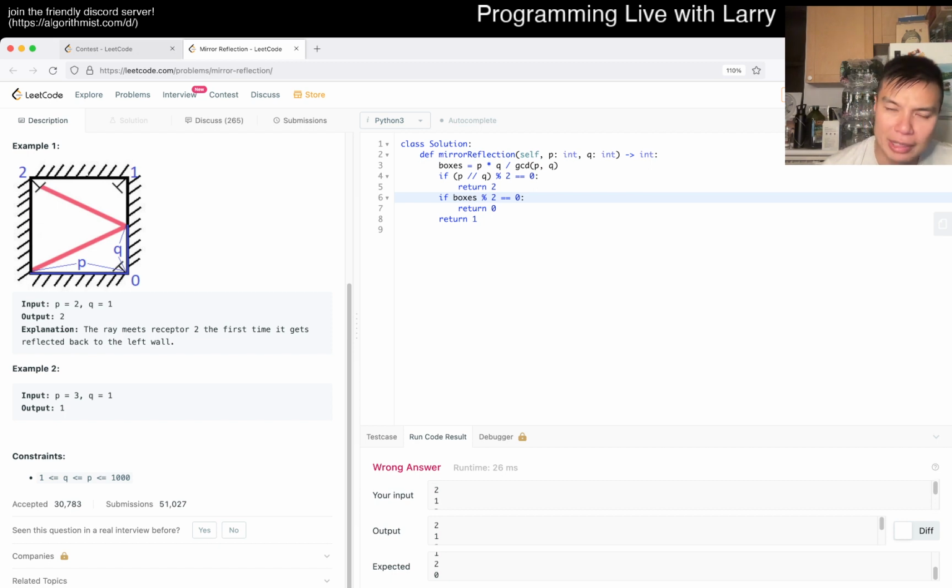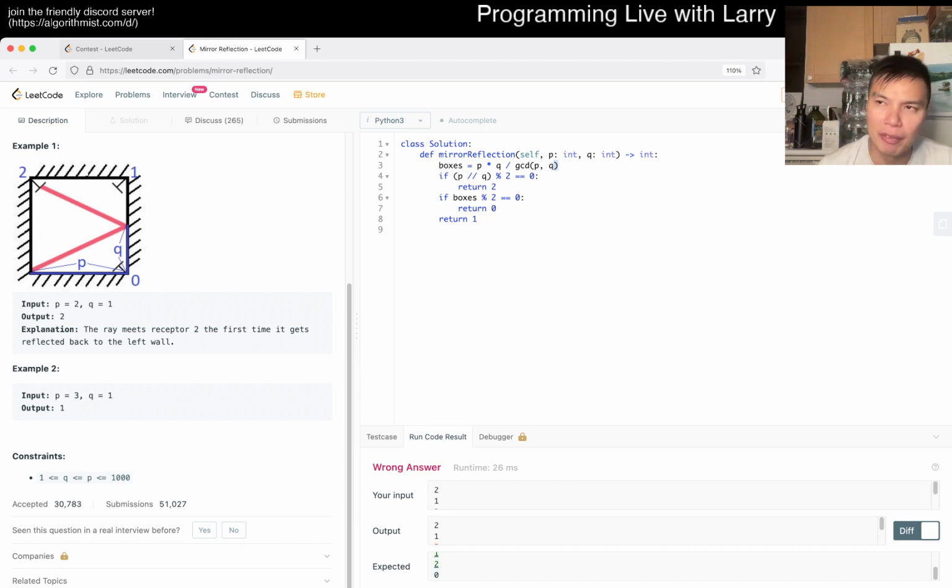Now I'm trying to think whether I did not represent this right. What am I wrong on? I'm wrong on the 3-1 example. So the number of boxes is 1, right? In this case, isn't it? 3 times GCD. Do I want GCD?